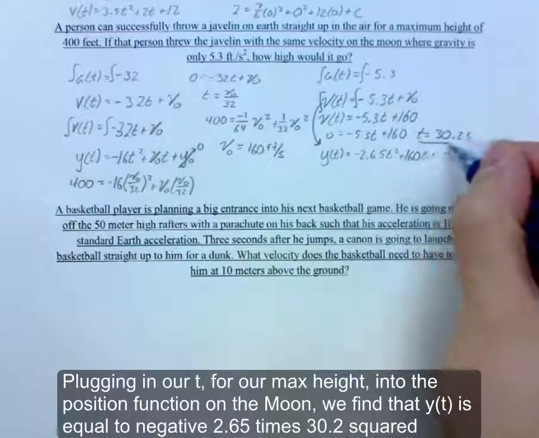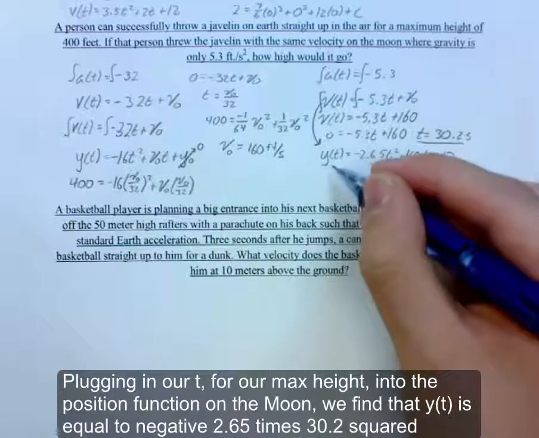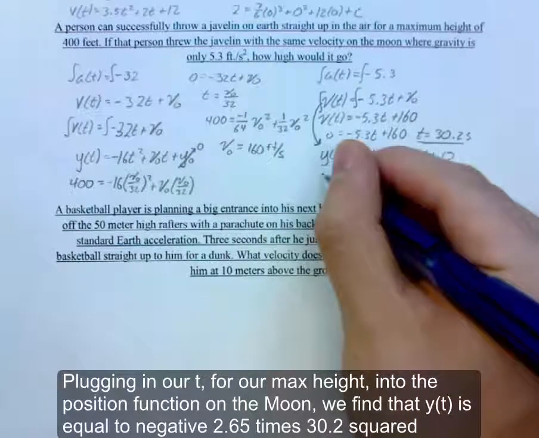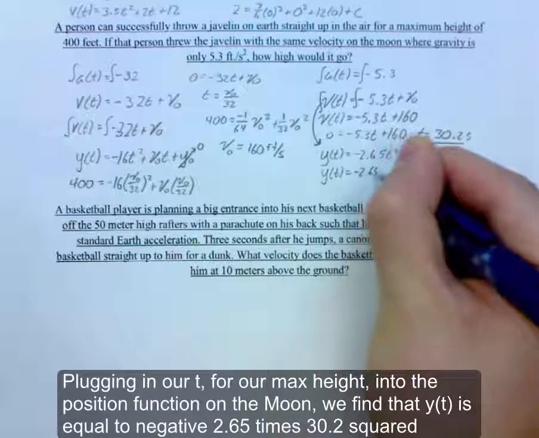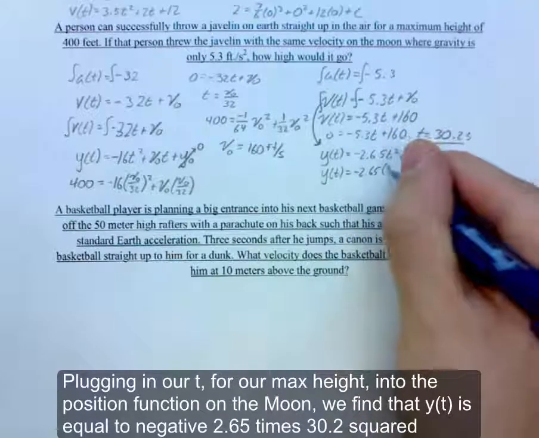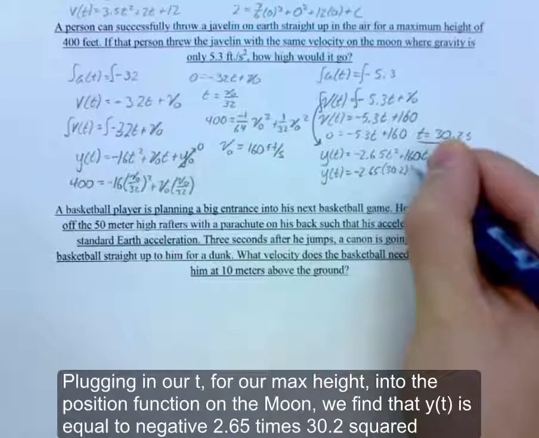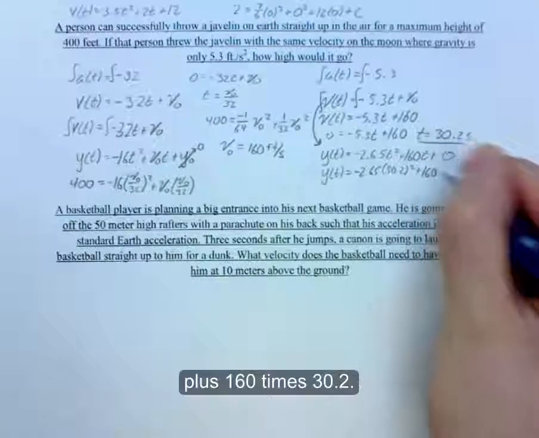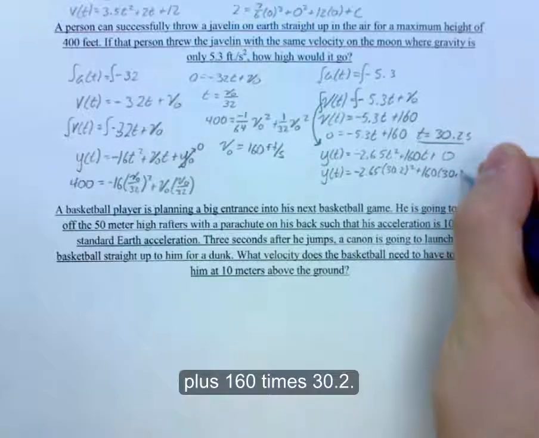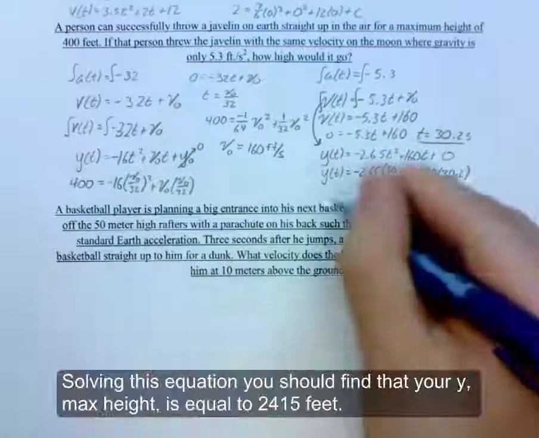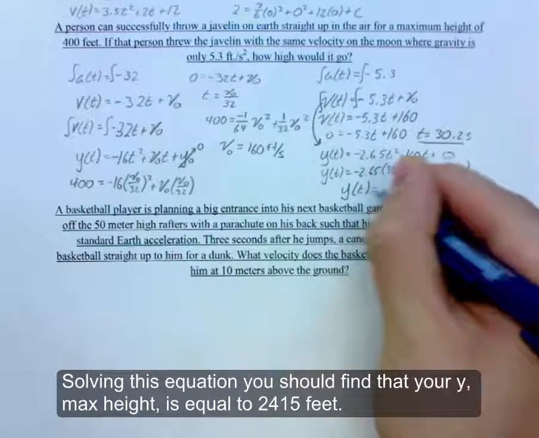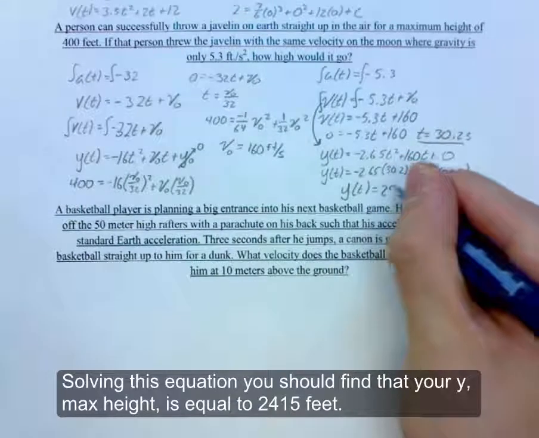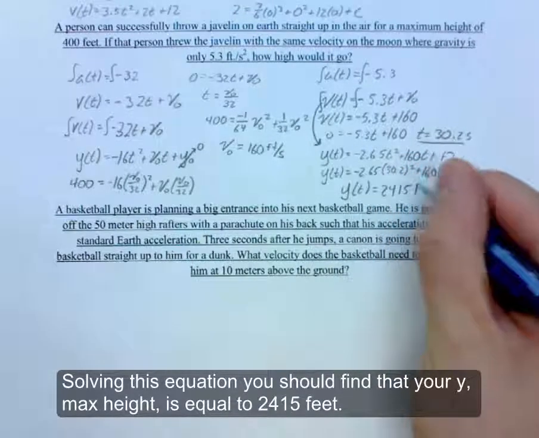Plugging in our t for our max height into the position function on the moon, we find that y of t is equal to negative 2.65 times 30.2 squared plus 160 times 30.2. Solving this equation, you should find that your y max height is equal to 2,415 feet.